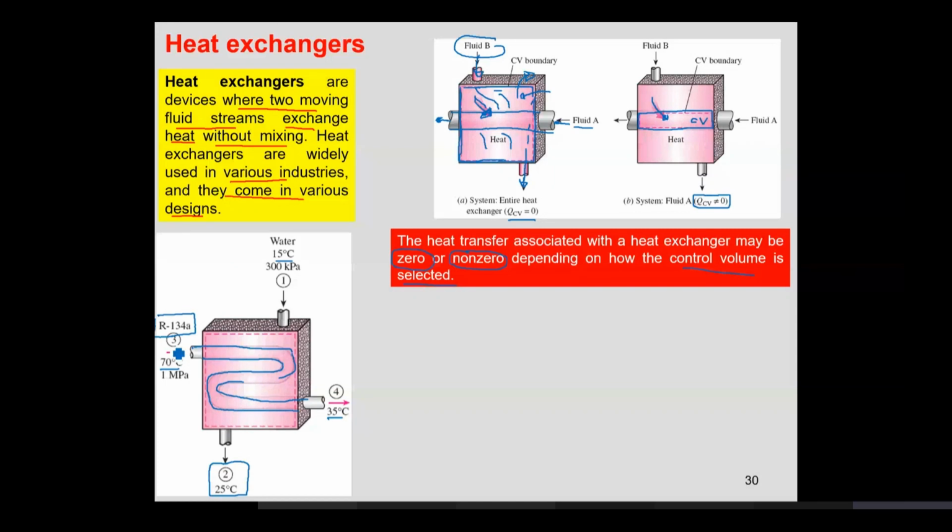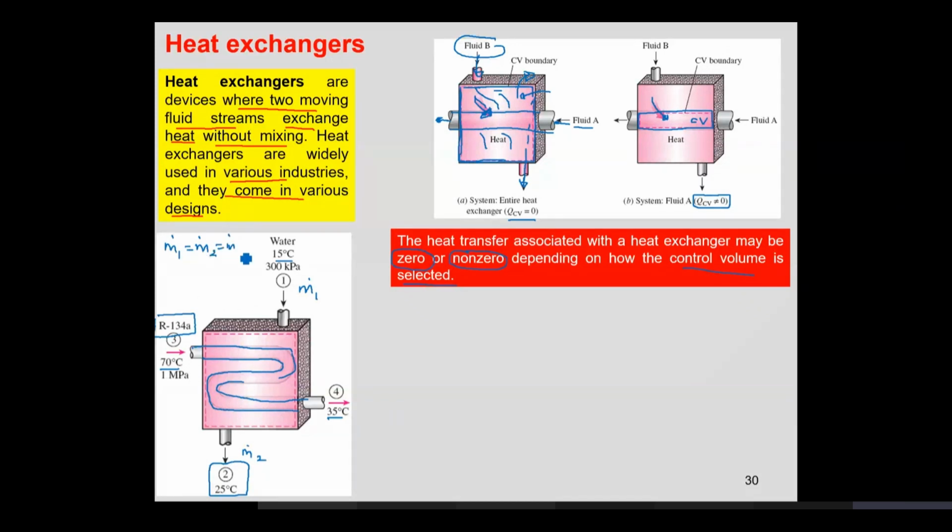Now, the mass flow rate at inlet 1 is essentially the same as at exit 2. That means whatever amount of mass flow rate of water is entering into the system is the same as it is leaving the system. So you can call it the mass flow rate of the water.